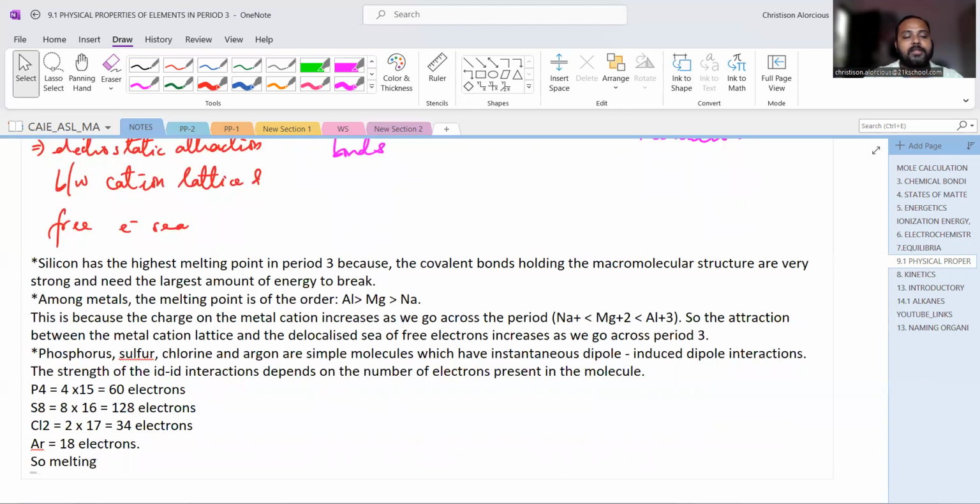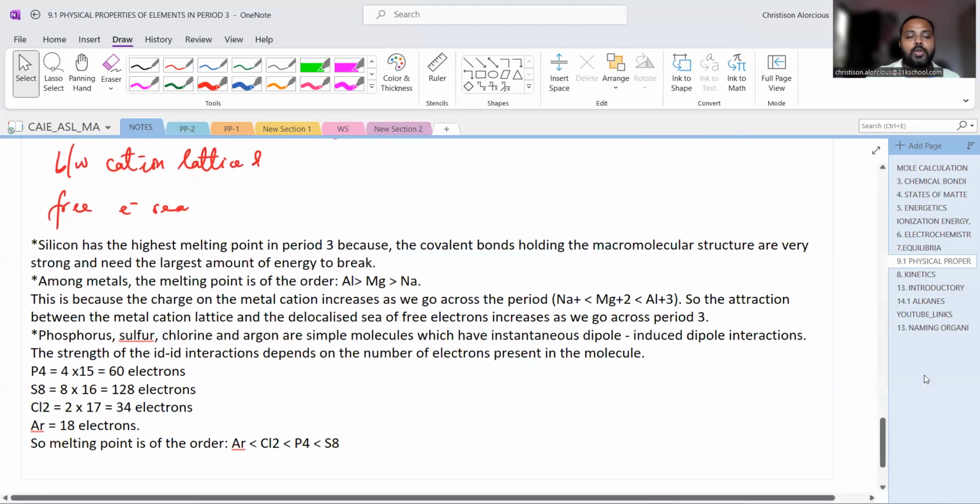So melting point is of the order: argon with the least, followed by chlorine, followed by phosphorus, followed by sulfur.